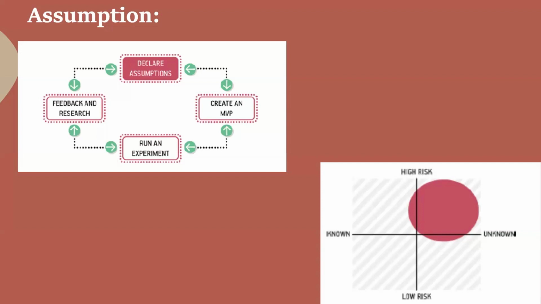Again, on the top left side, there is a beautiful diagram, kind of counterintuitive, but it starts with declaring assumptions. Sometimes we would go for creating an MVP, but again we would come back to our assumptions. Similarly, we'll have some assumptions, then we'll go for some feedback and research, but maybe we can again jump to our assumptions. Was it actually right or wrong?